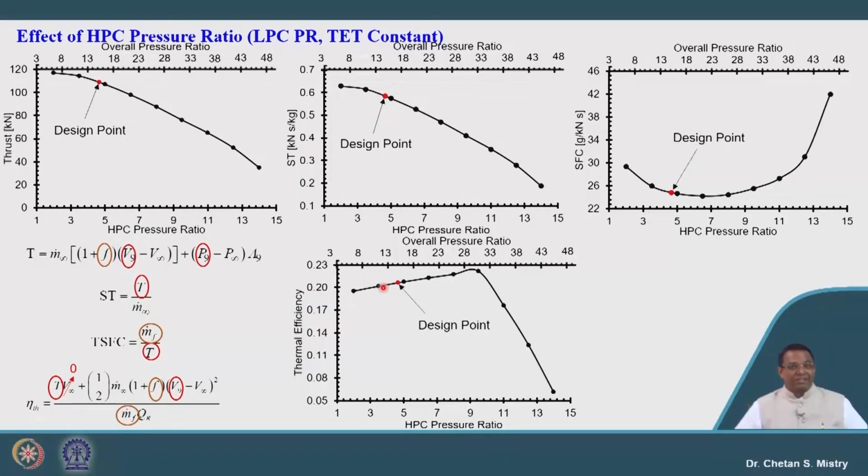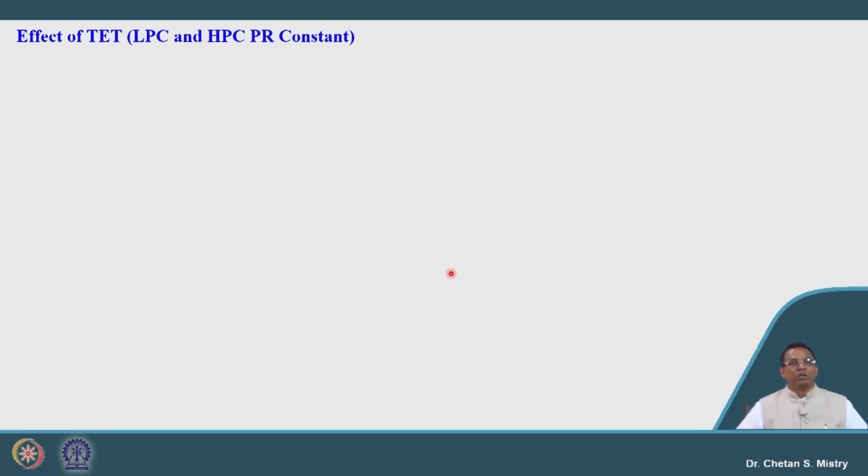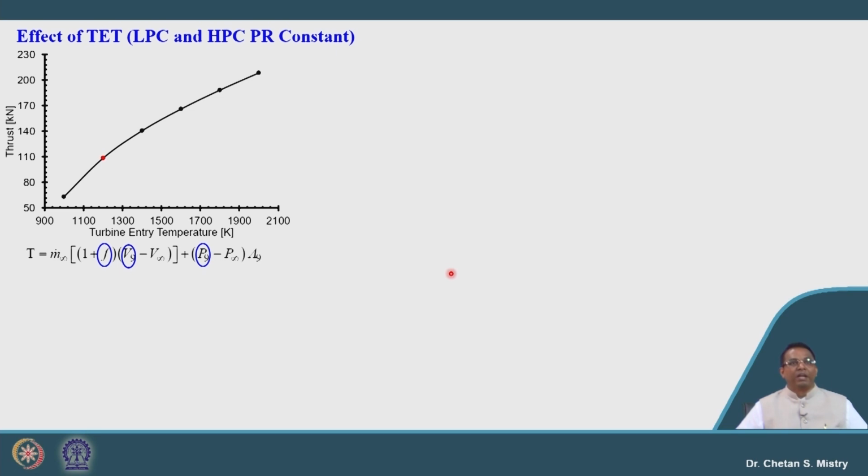This is the present requirement, but in those days, the 60s and 70s, people were not bothered about specific fuel consumption; they had major intent towards higher thermal efficiency.